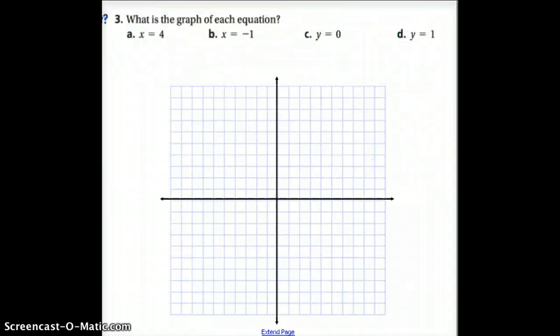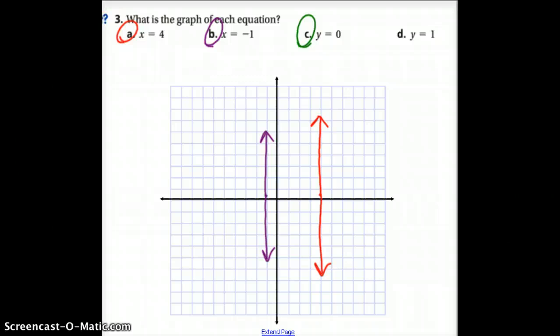X equals 4. 1, 2, 3. Here's 4. For all values of y, x is never going to leave this 4 spot. That's A. How about B? X equals negative 1. Well, here's negative 1. No matter what y is, x is negative 1. How about C, y equals 0.